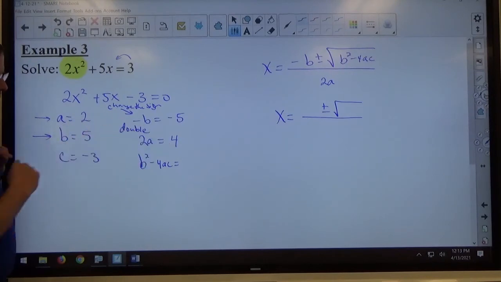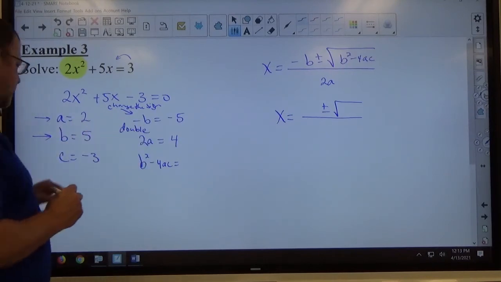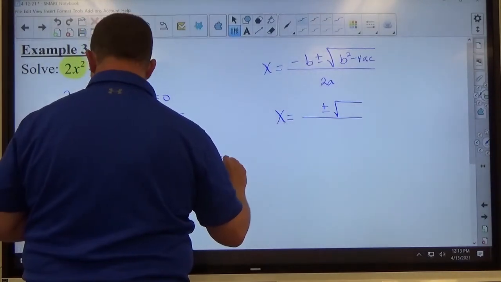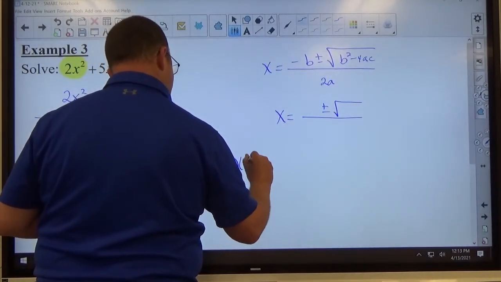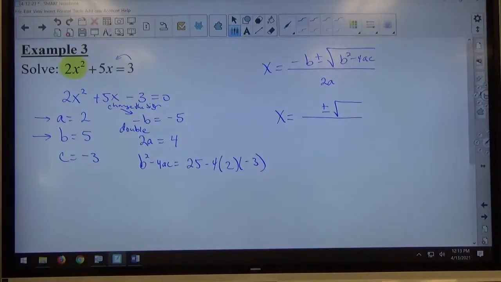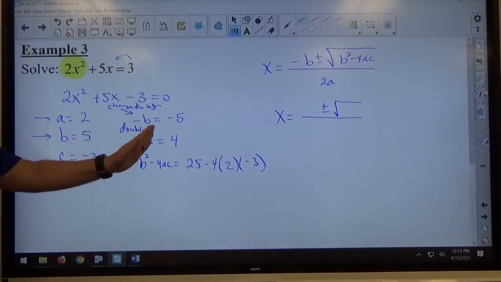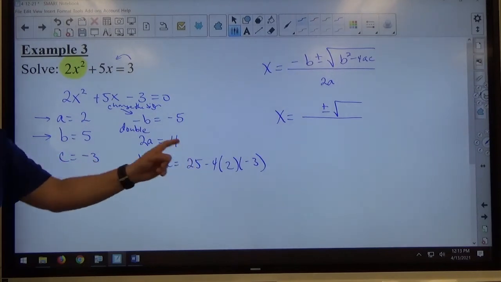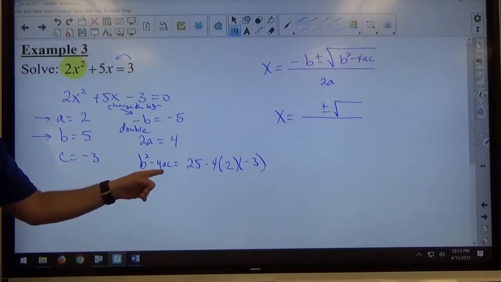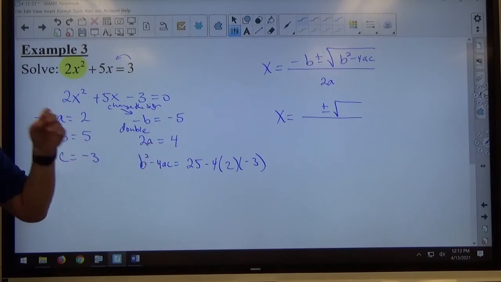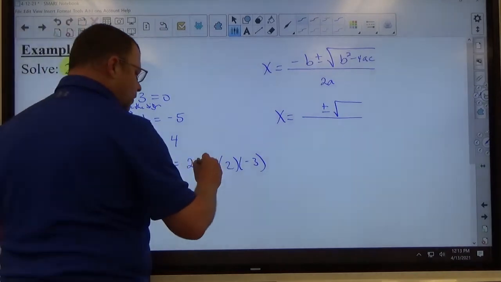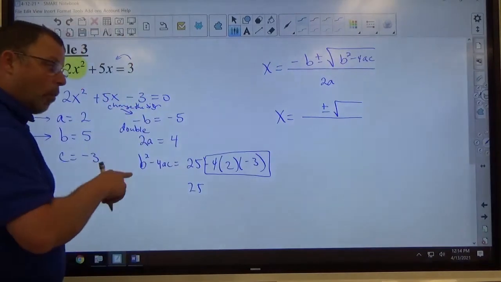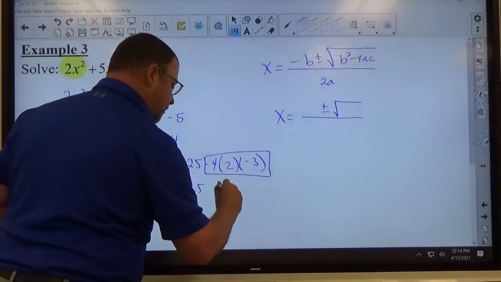B squared minus 4ac. B is equal to 5, so b squared is 25 minus 4 times 2 times negative 3. Always b squared, always positive. 5 times 5 is 25. Minus is minus, 4 is 4, a is 2, c is negative 3. So substitute a and c in. This is always a product. 4 times 2 times 3 is 24.